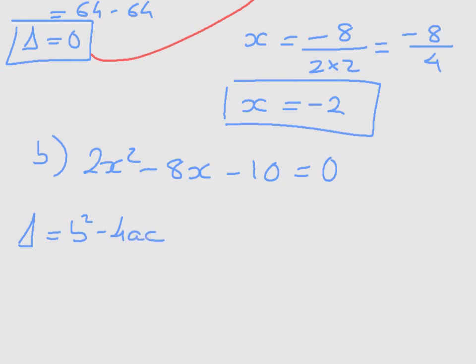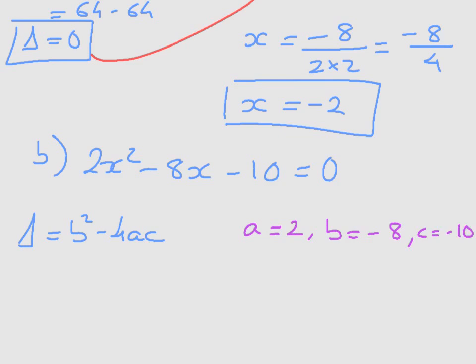And what I'm going to do here, just to avoid making sign errors, because I can see there are negatives in the equation, and a sign error is sort of lurking around there. So what I'll do is the following. Just looking at my equation, I can see that a is 2, b is negative 8, and c is negative 10. You don't have to do this, it's just a good idea because you'll avoid sign errors this way.